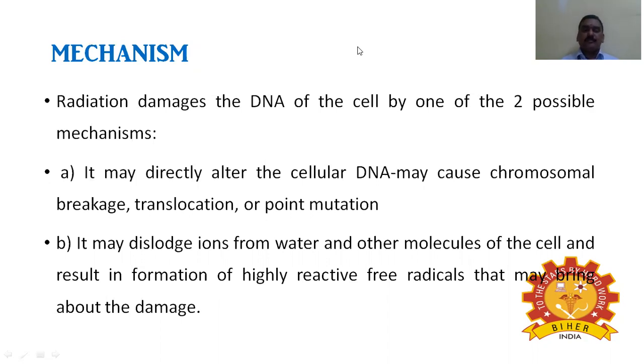Second mechanism, it may dislodge ions from water and other molecules of the cell and result in the formation of highly reactive free radicals that may bring about the DNA change.